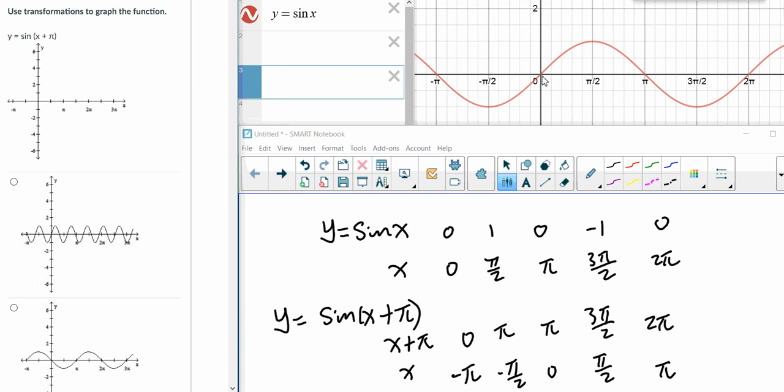That's sine. Starting from 0, 0, and goes to pi over 2, and here is 1. And then goes to 0, going down to -1, and then 0.